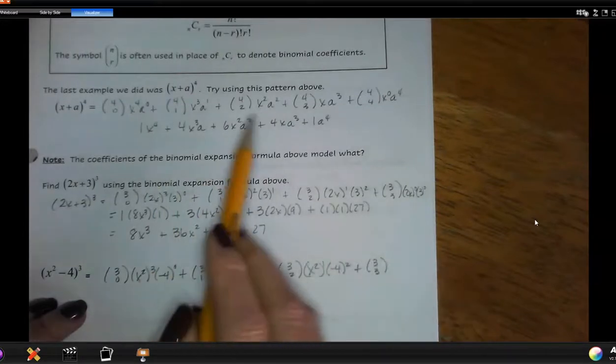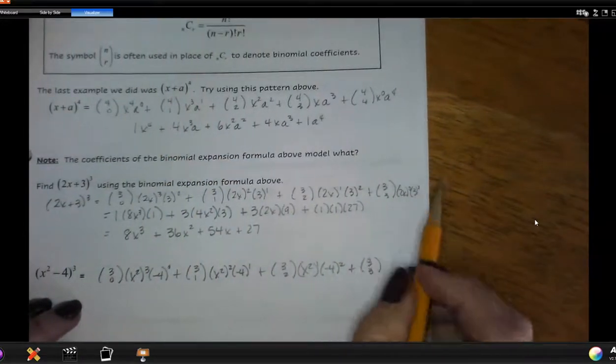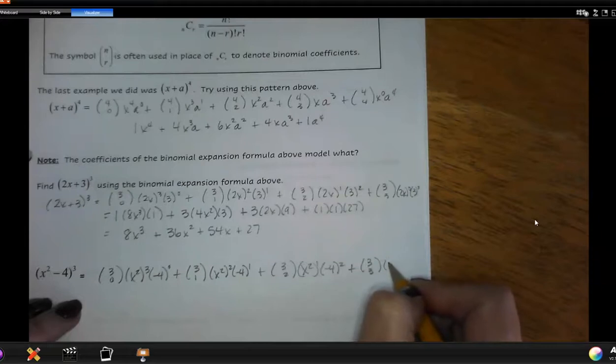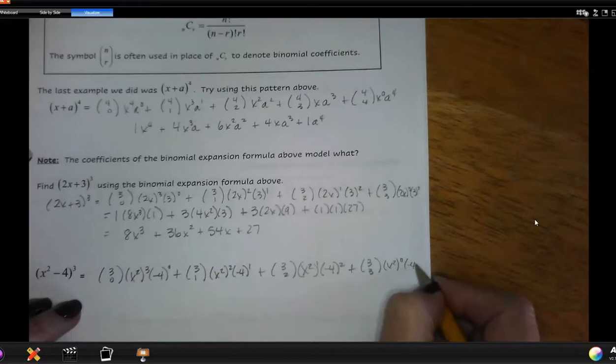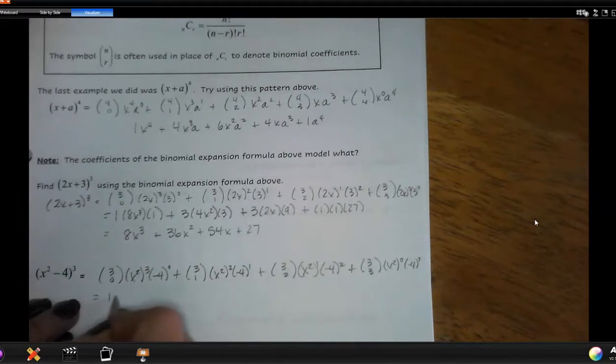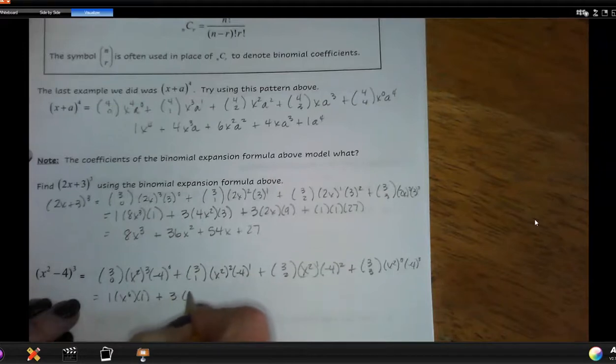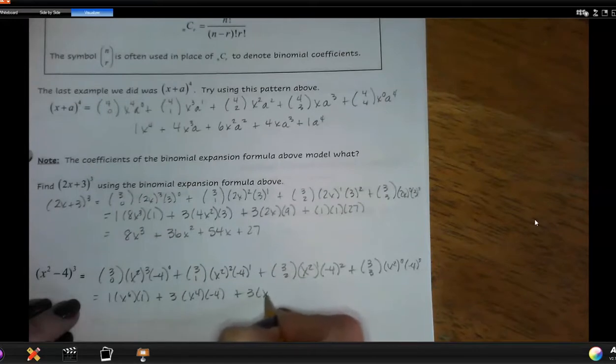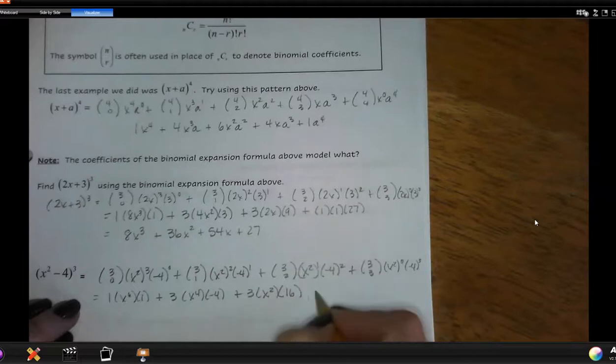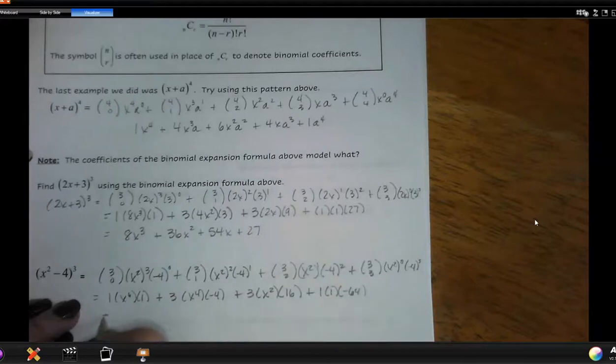Remember, you're putting this in your calculator if you don't have the pattern memorized. Then that would be x squared to the 0 power and negative 4 to the third power. So 1 x to the 6th times 1, plus 3 x to the 4th times negative 4, plus 3 x squared times 16, plus 1 times negative 64.